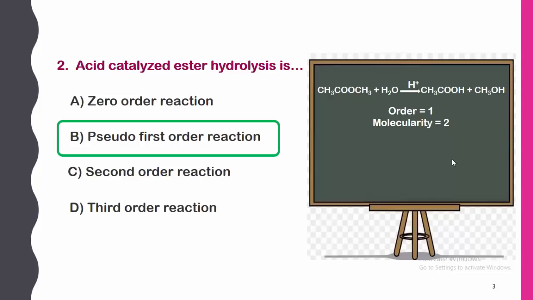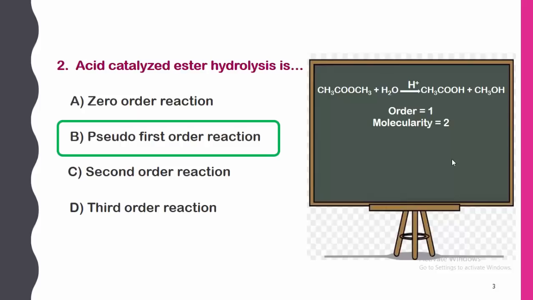Second, what is the molecularity of this reaction? If we find the molecularity of this reaction, methyl acetate is one molecule, water is one molecule. Therefore, the molecularity of this reaction is 2. But in the options there is a zero order reaction, pseudo first order reaction, second order reaction, third order reaction. How is it pseudo?